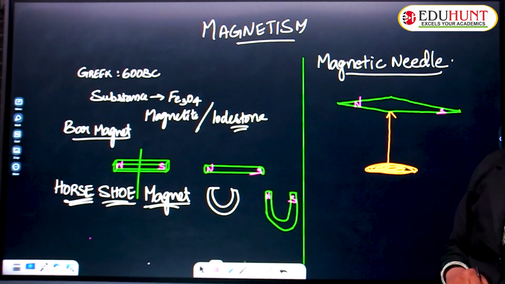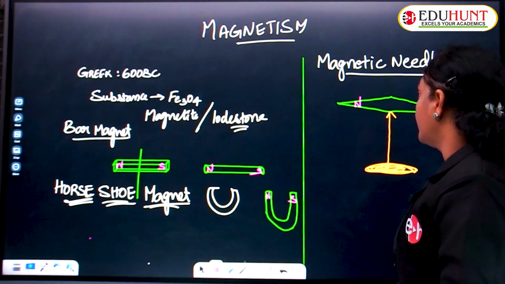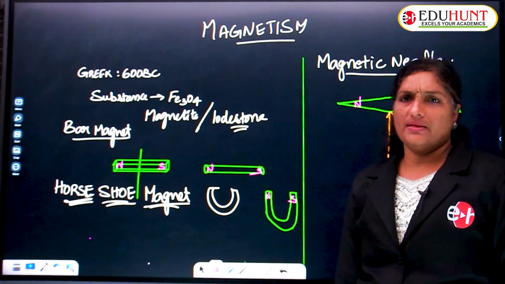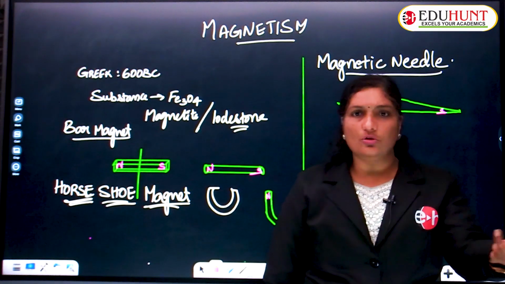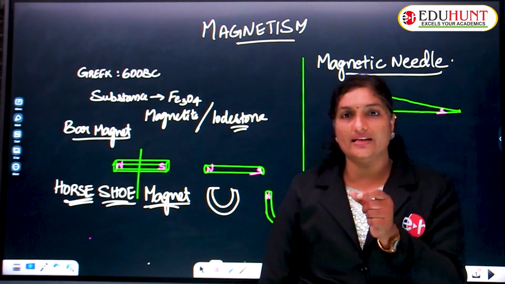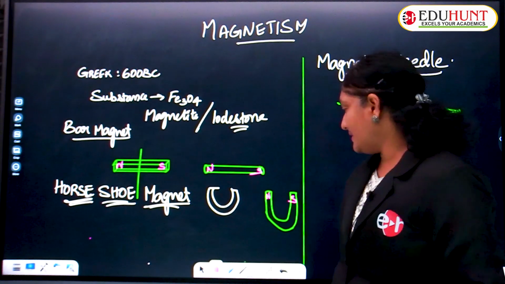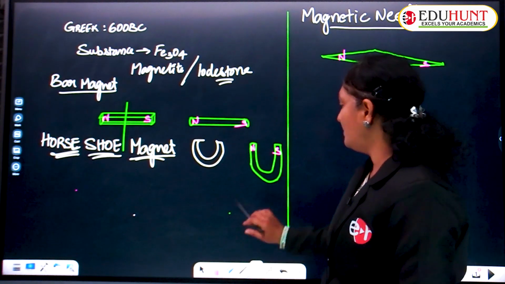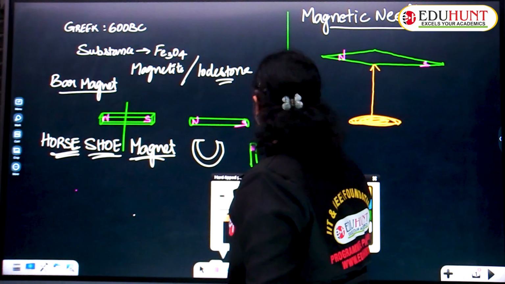So, let us try to understand something regarding the magnetic compass. You know the compass, generally people play with the small compass attached to keychains. How does it look, children?